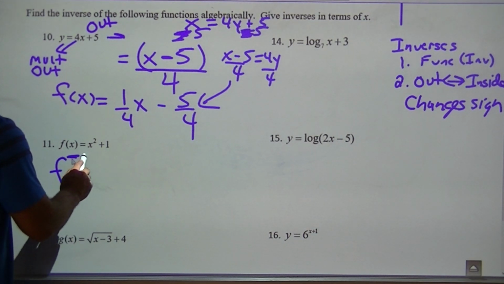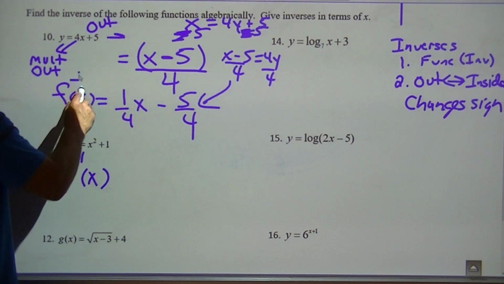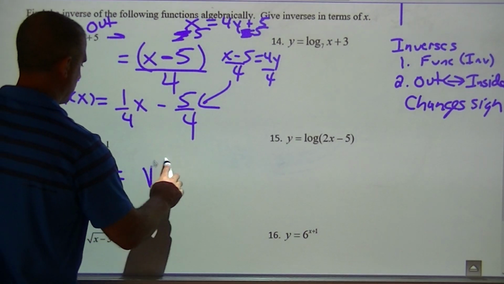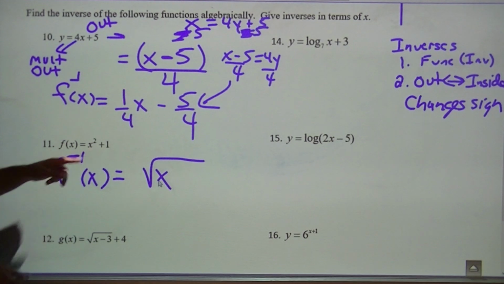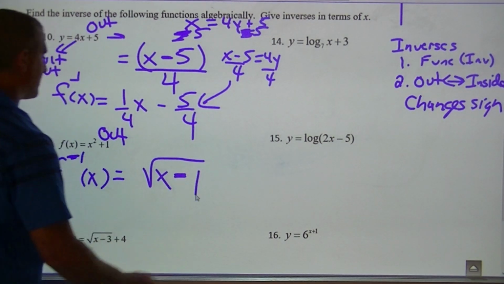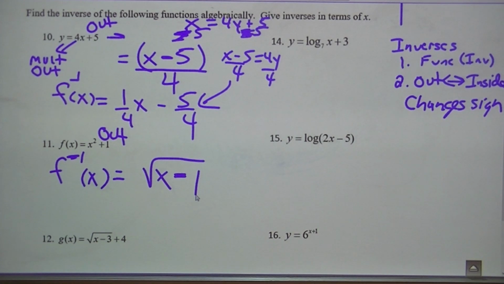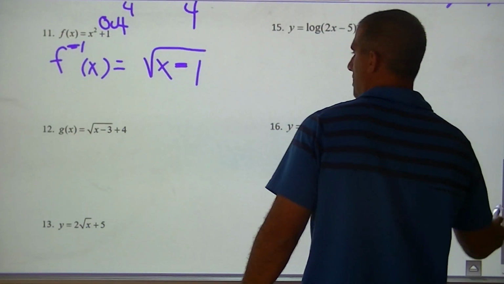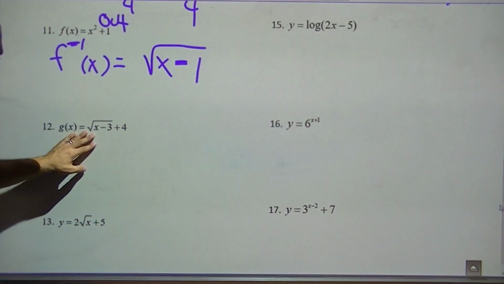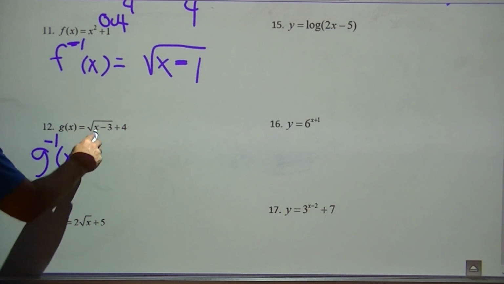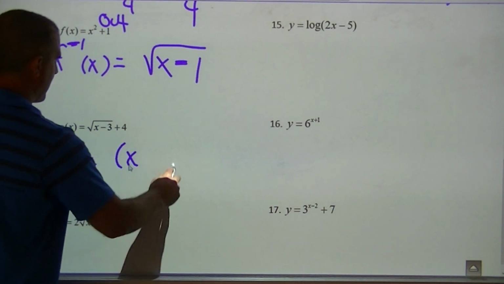The inverse, and this is the symbol for inverse, I should have used it up here. The inverse of squared is square root. This 1 is outside, so I'm going to remove that inside, it becomes minus. Let's go on to these other ones. Square root, same thing. G inverse is going to become x squared.